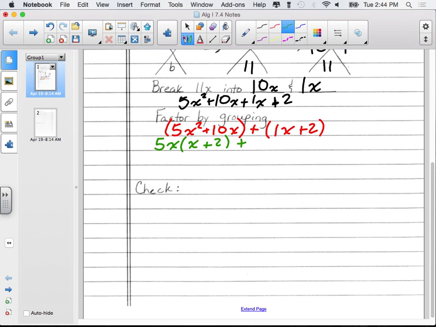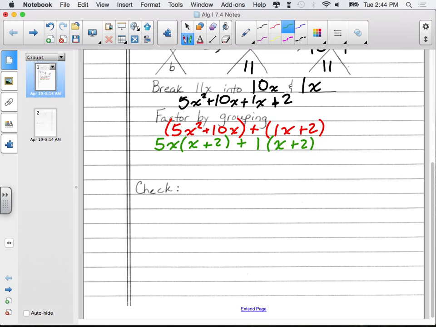And we do plus, now we find the GCF of our second group. So what can we take out of both terms in that group? Just 1. So 1, and what are we left with? x plus 2.